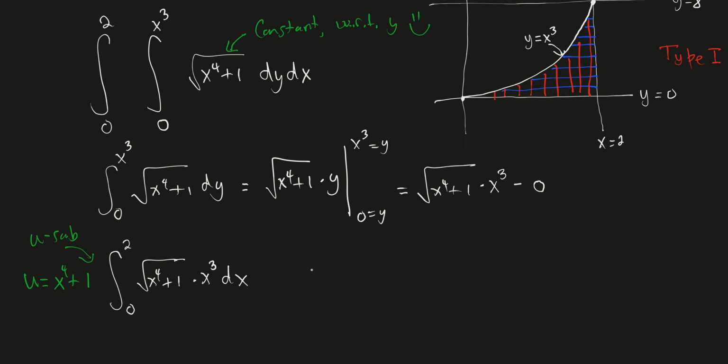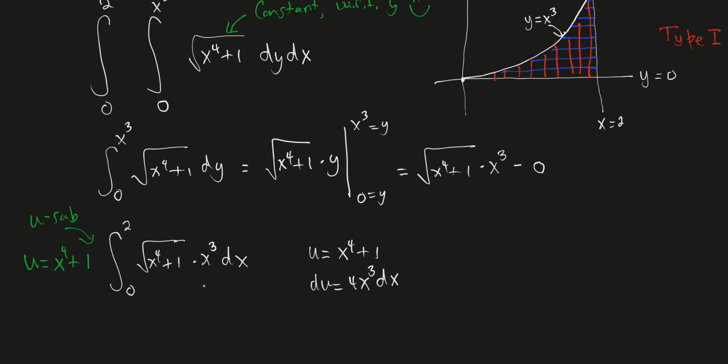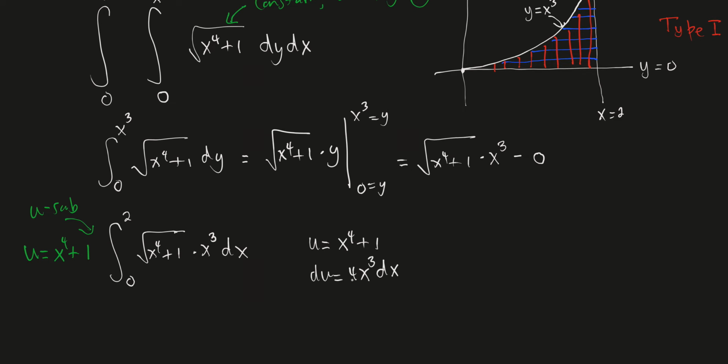So let's do that, see what we end up with. So u equals x to the fourth plus 1, and then our du is going to be 4x cubed dx. I don't have a 4 in my problem. I like to rearrange this equation, my differential equation du, right? So this becomes 1/4 du equals x cubed dx.